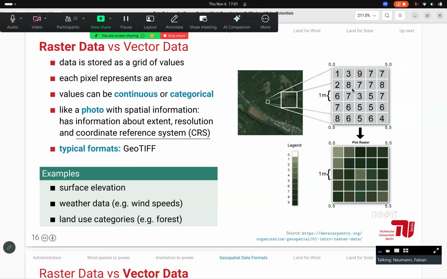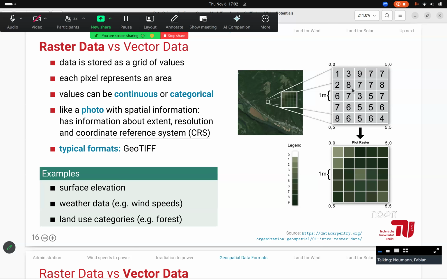You can have some other dimension in this raster data. What they have in common in file formats like GeoTIFF is that it's not sufficient to store just the image, because then you don't know where this image is from. You also need to store data about the coordinates and the coordinate reference system.